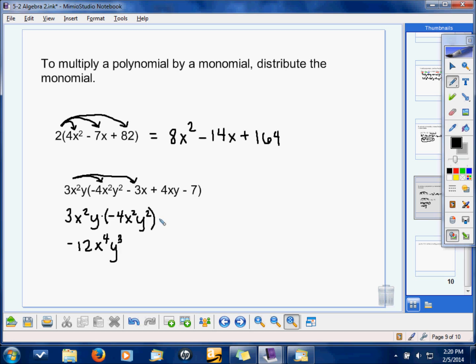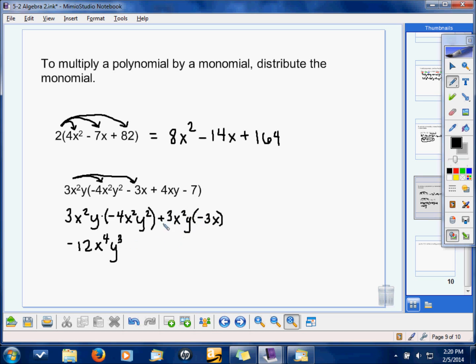And so I'm going to write plus 3x squared y times negative 3x. Now, this step in here you probably won't write. This middle step, you'll probably just bring these things over and multiply them in your head, but you can't look back in your head when you're looking at your notes, so we're just doing this.